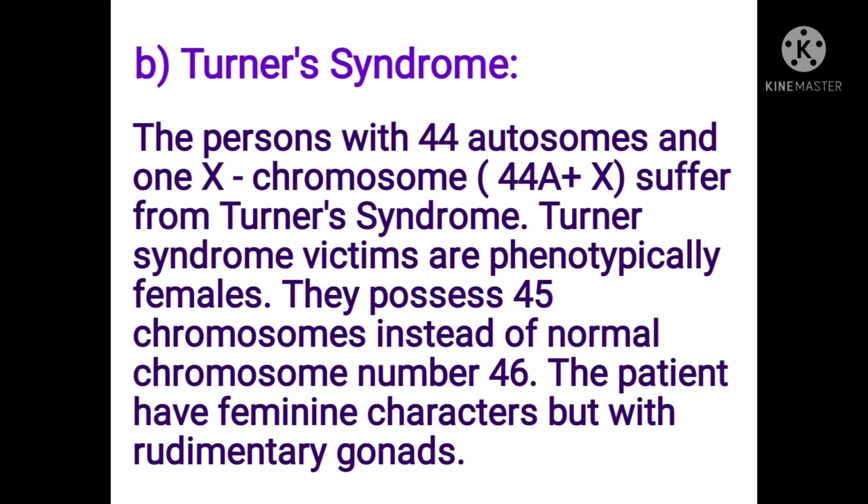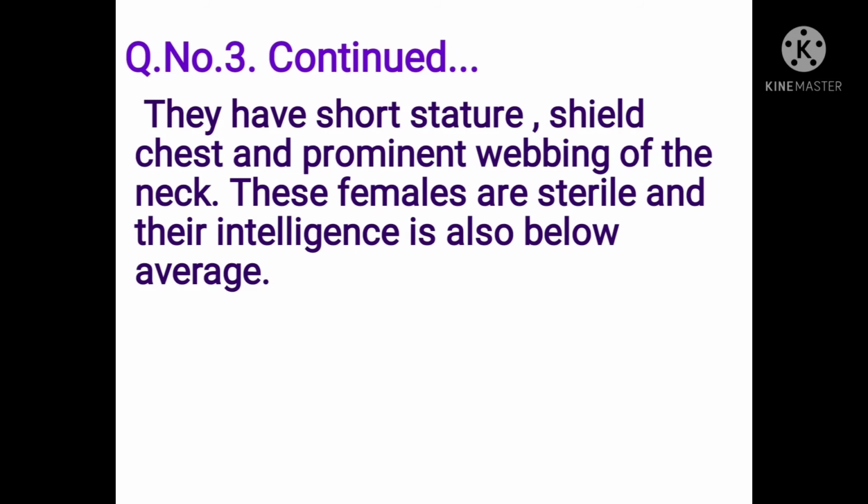The patient has feminine characters but with rudimentary gonads. They have short stature, shield chest, and prominent webbing of the neck. These females are sterile and their intelligence is also below average.